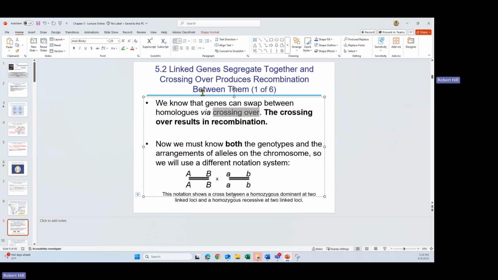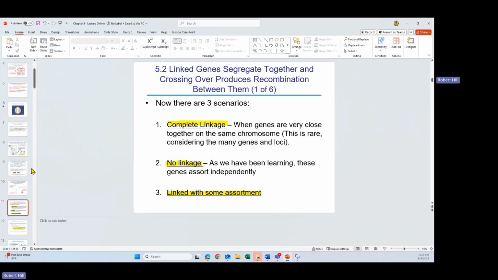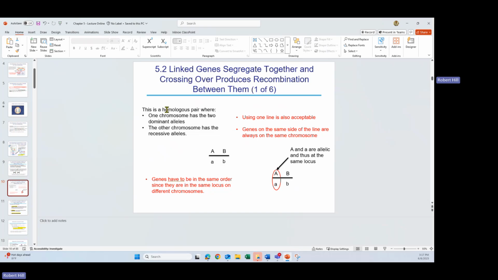As we move forward, especially when we're doing 3-point mapping, instead of using pictures of flowers, and instead of just using letters and their capitalization as nomenclature, we're also going to use these line notations, which can indicate where the genes are relatively located on a chromosome. Okay, so this is the notation system we're going to use, and a little bit more about it.